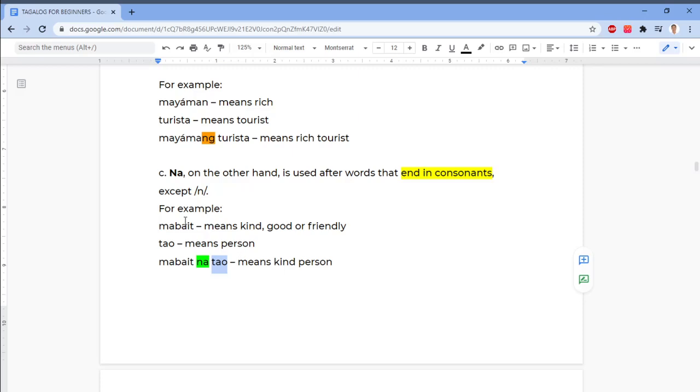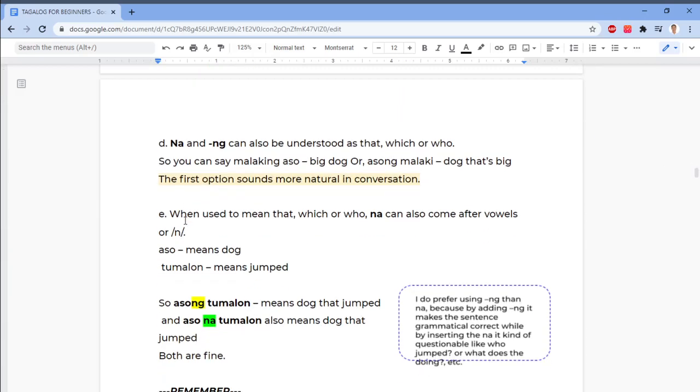The last thing is that na and suffix ng can also be understood as that, which, or who. So you can say malaking aso, big dog, or asong malaki, dog that's big. The first option sounds more natural in conversation.